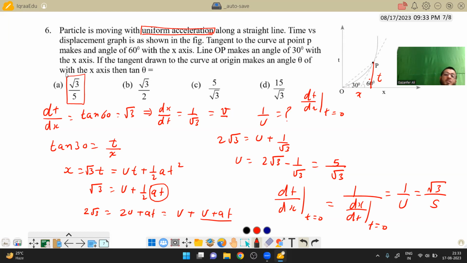It was involving some concept of slope of the line. But we know that we don't have to differentiate anything, we know slope of the line is always tan theta. So dy by dx, we are not doing any differentiation. We are just using the term dy by dx is tan theta.